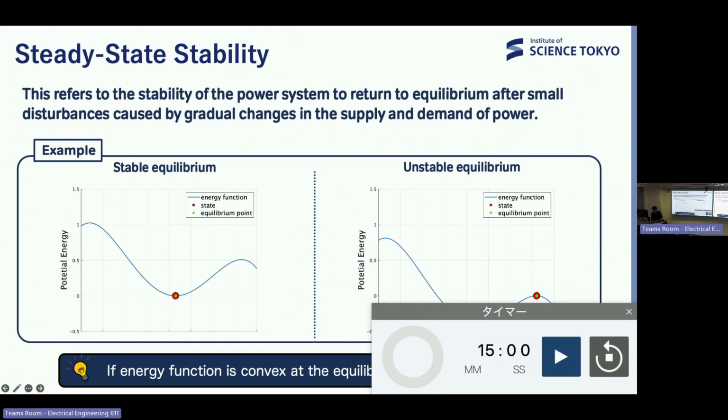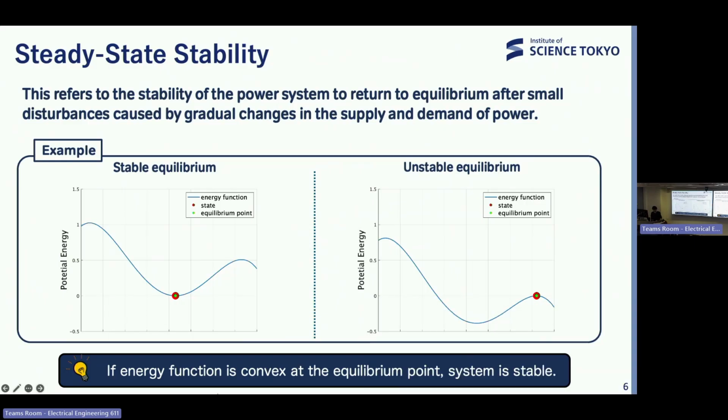When discussing system stability, two types are to be considered. First is steady state stability, and the second is transient stability. Steady state stability refers to the ability of a power system to return to equilibrium after a small disturbance caused by a gradual change in power supply and demand.